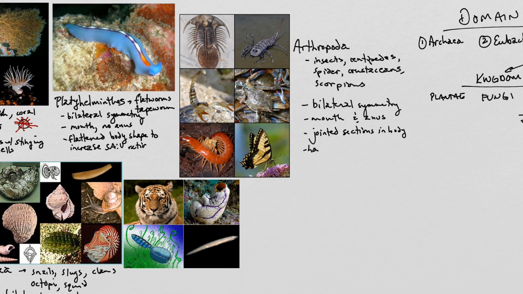And they have a hard exoskeleton made of chitin. That's a material. It's not cellulose like in a plant cell wall, but it's what their exoskeletons are made of.